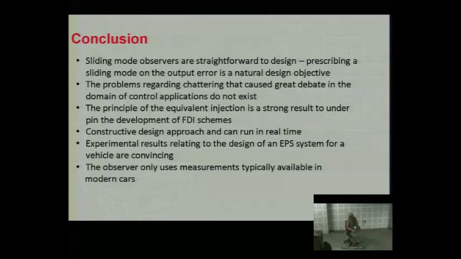Effectively that is an injection that doesn't just make S equal 0, it makes S dot equal 0 as well. So everything we've done up to now, until we saw that EPS system, we just made S equal 0, and the discontinuity acted on S dot.